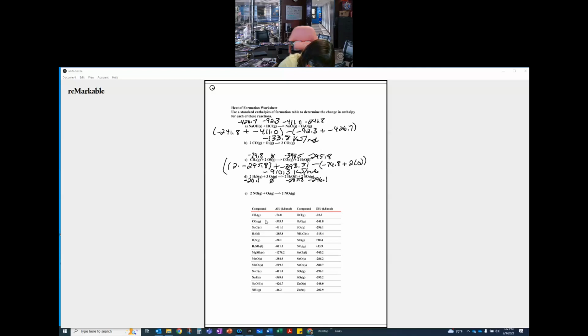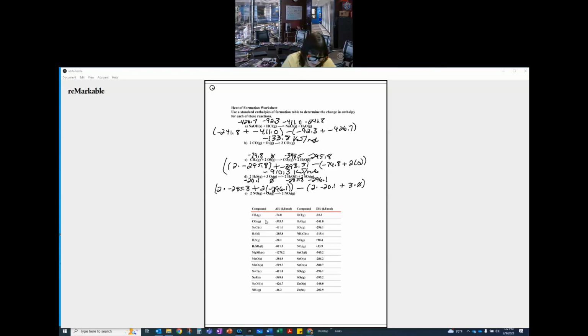And so products, we have 2 times the negative 285.8 plus 2 times the negative 296.1, minus the quantity of 2 times the negative 20.1 plus 3 times 0.